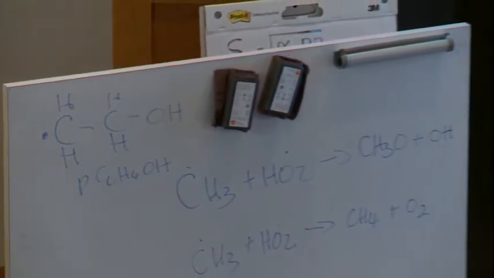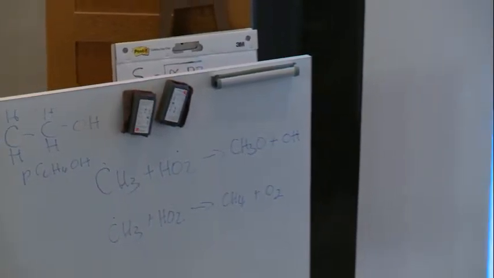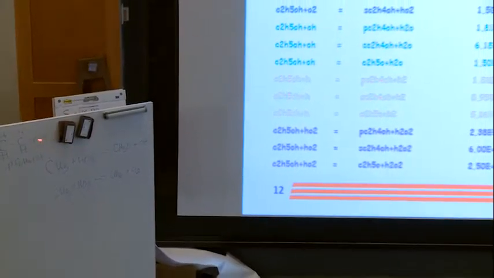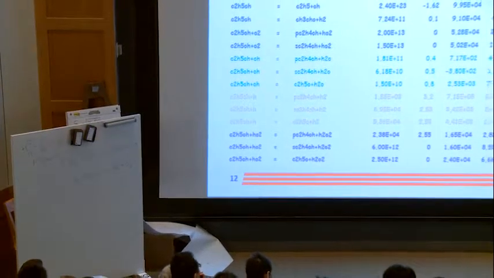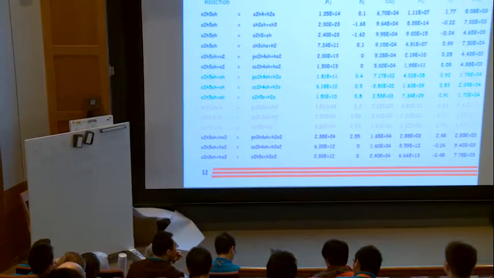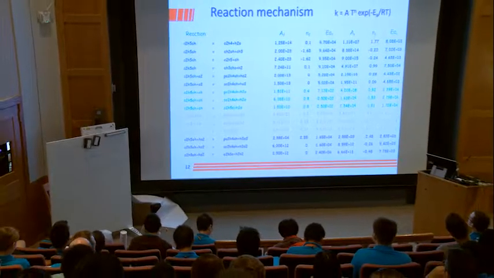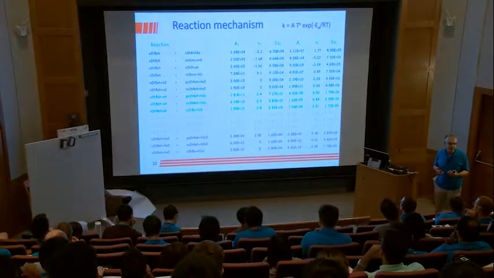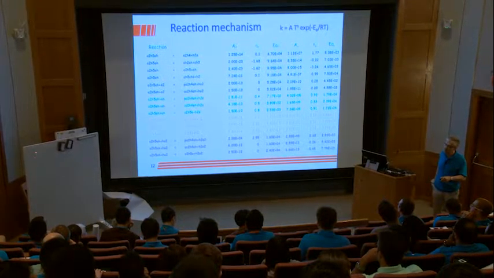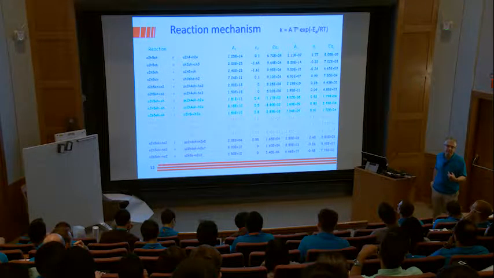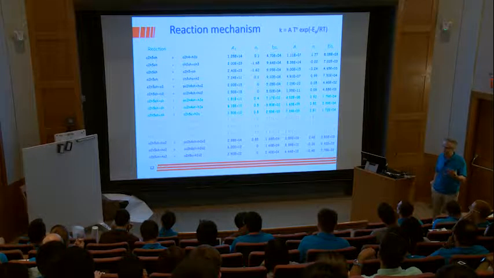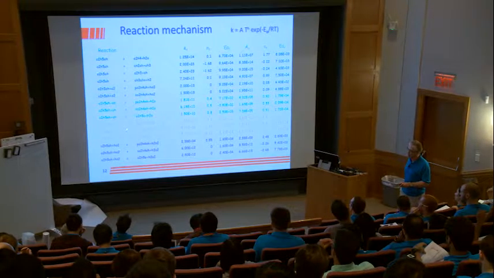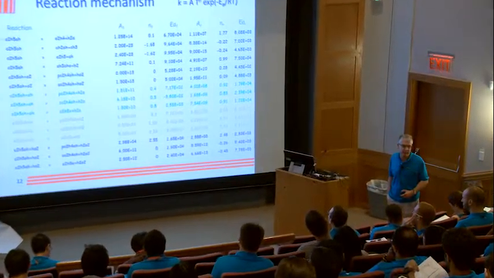So you get 3 distinct radicals formed, and we have 3 distinct rate constants, because the rate constant is different in each case. The rate constant depends on the bond dissociation energy, the strength of the CH bond, or how strongly the hydrogen atom is bound to the atom that you're trying to remove. And there are lots more reactions that I haven't included in here.